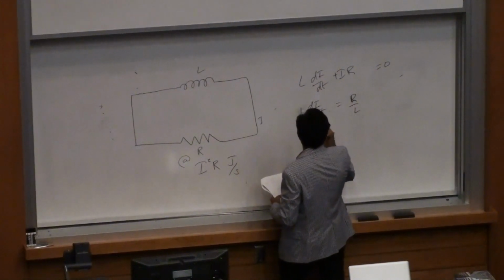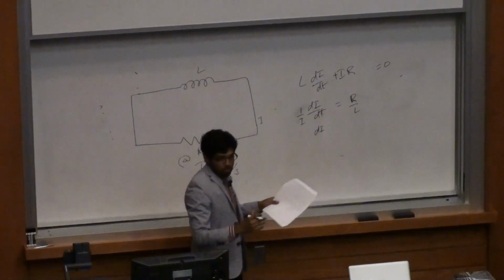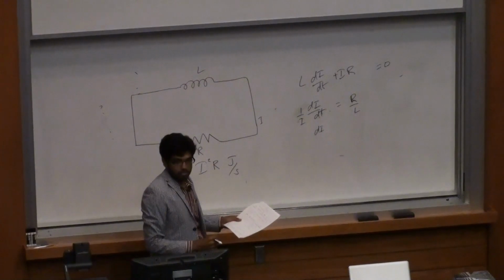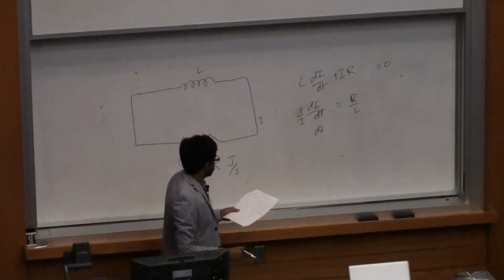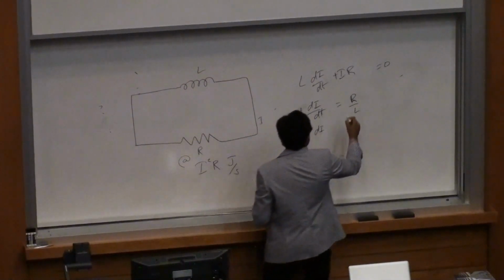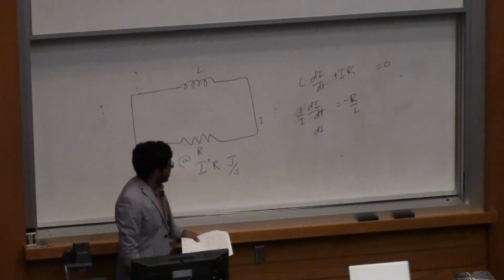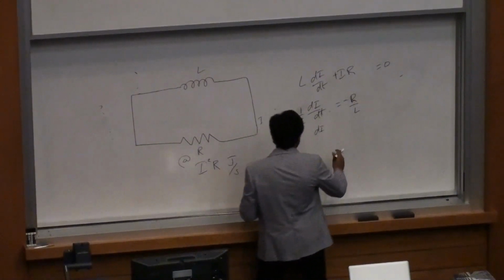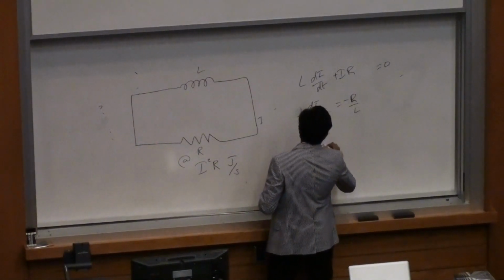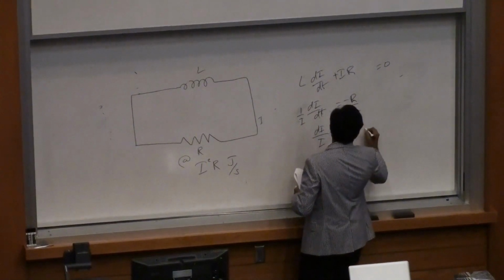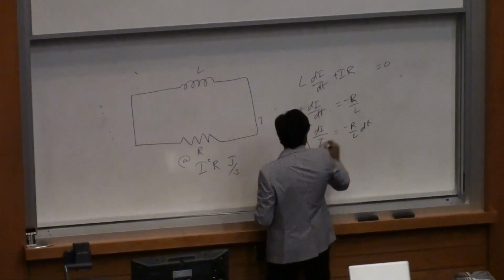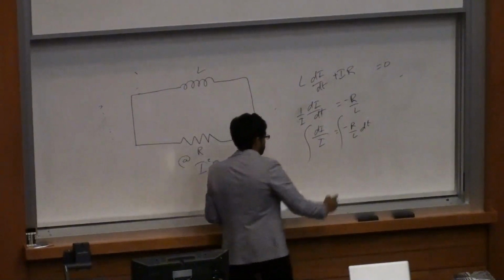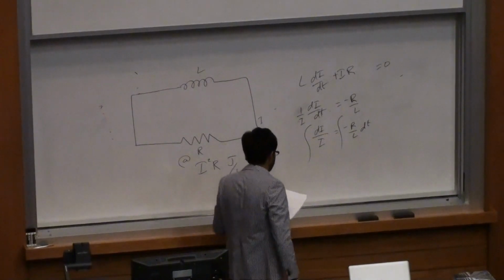So if I'm looking at this, I have di over I. When I multiply both sides by dt, that's sort of a mathematical abomination. But am I missing a negative here? Yes, I am. Thank you. We won't get hung up on my mistakes. So di over I equals minus R over L dt. I integrate both sides, and this goes from 0 to some I, and this goes from 0 to whatever t we're looking at.